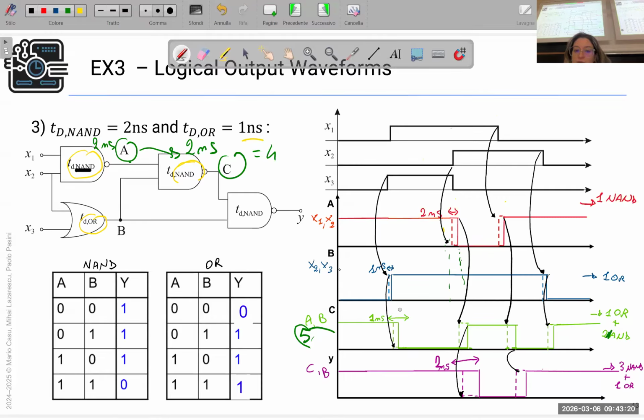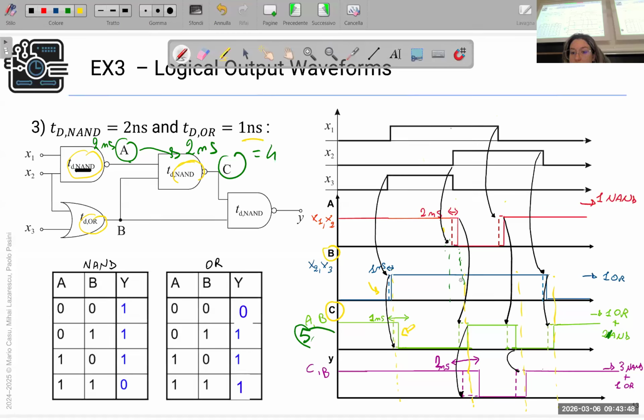Okay, so in the last one, we have to consider B and C, right? The change is here, then we have a change here, then we have a change here, then we have a change here, right? Okay, now let's see which caused the transition. Both of them cause the transition, right?